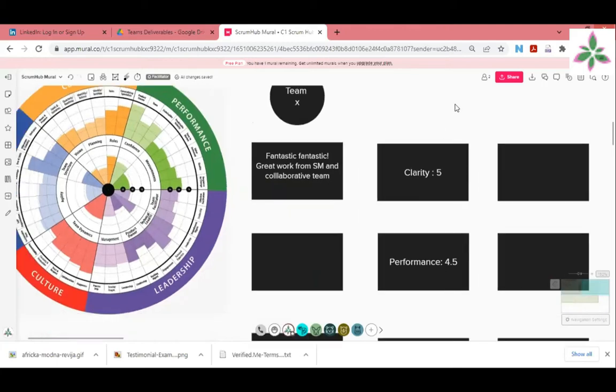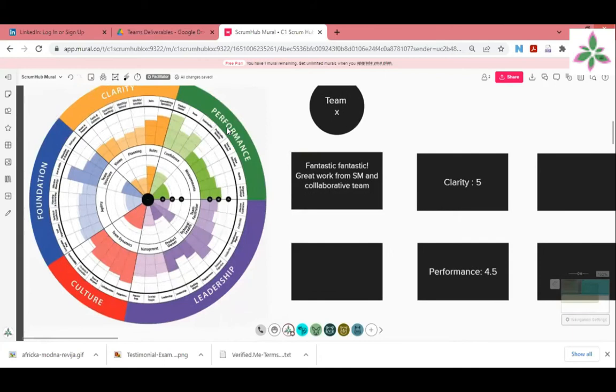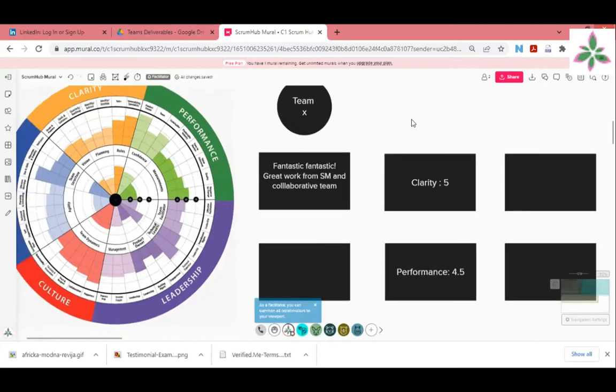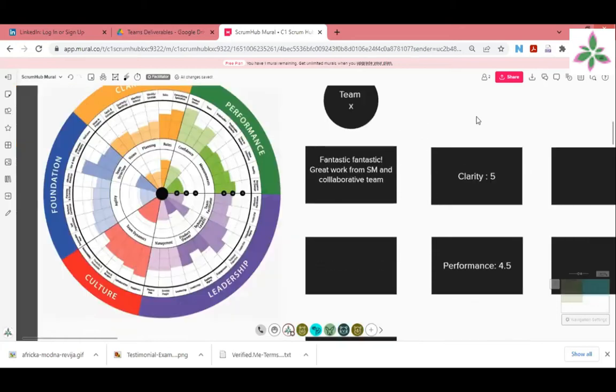Has anyone scored Team X for leadership? I can't see any numbers yet. Vote, guys, please vote. Okay, I can't see any numbers for Team X, but I'll move to the next one now.